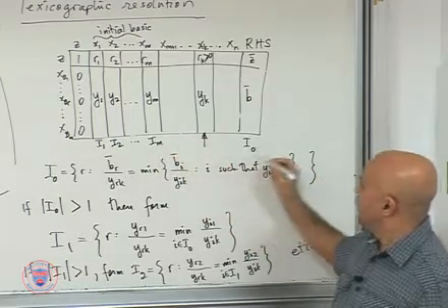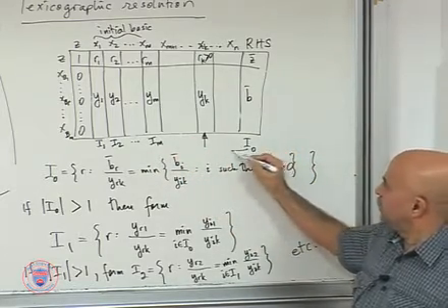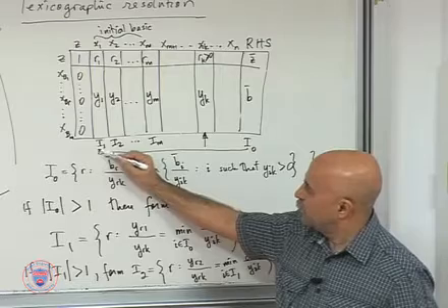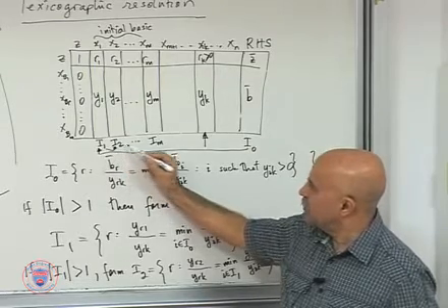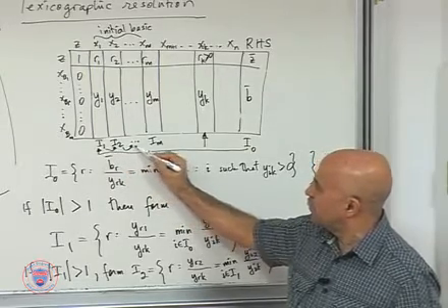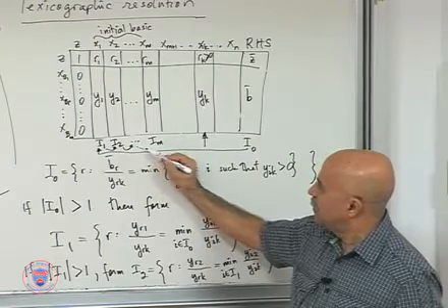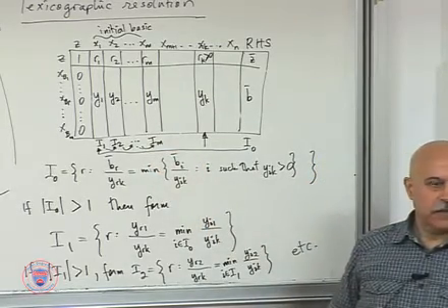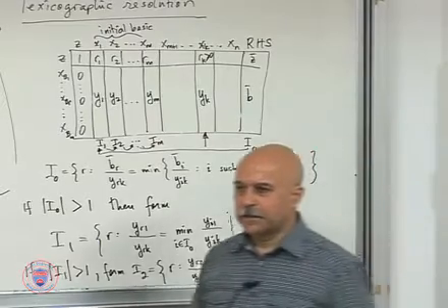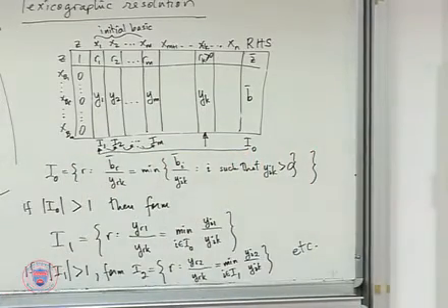So that's the initial. From here, you compute I sub 1. From here, you compute I sub 2, so on and so forth, I sub 3, etc. And finally, I sub m. And finally, you get to your single exiting variable.